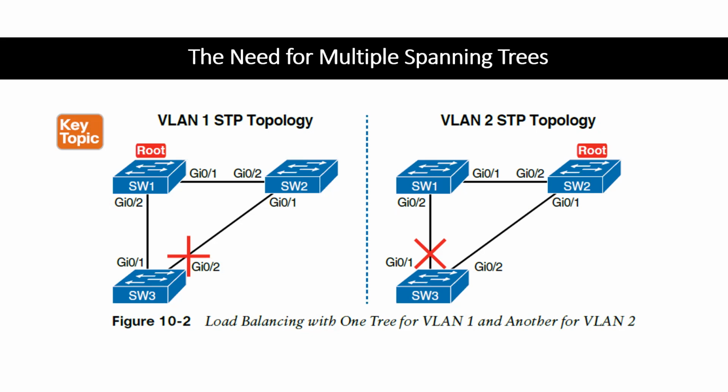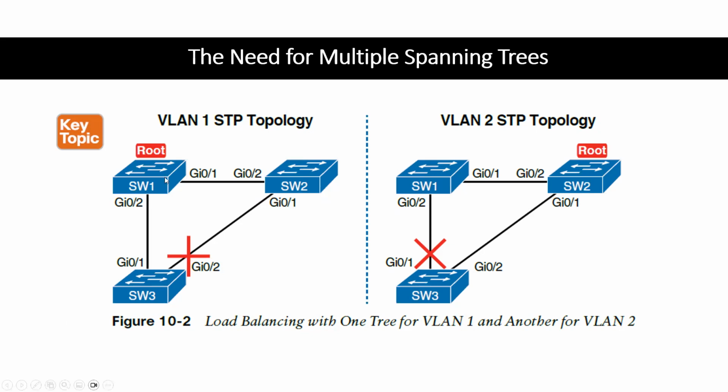So again, what we see here, VLAN 1 and VLAN 2, these are spanning tree instances. With these different spanning tree instances, switch 3 can block on different interfaces for the betterment of each spanning tree instance, or each VLAN. So it's great for load balancing and great for identifying optimal traffic flow.